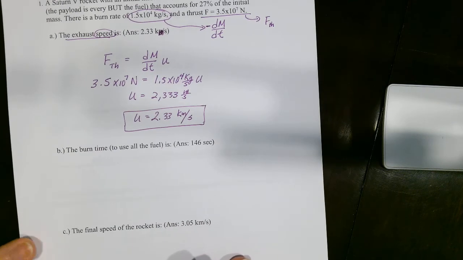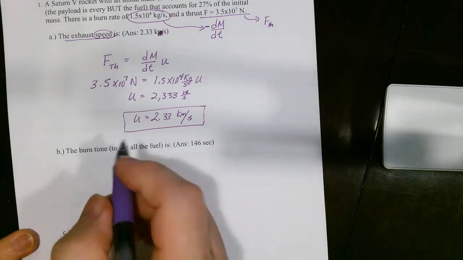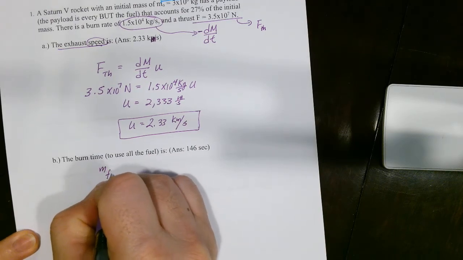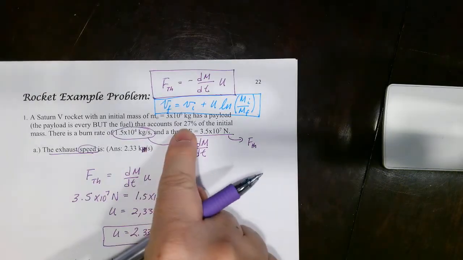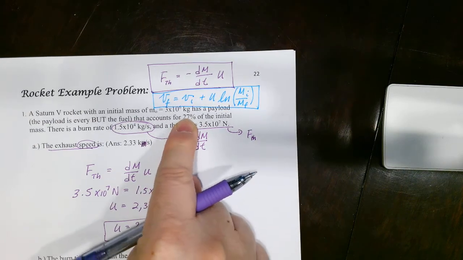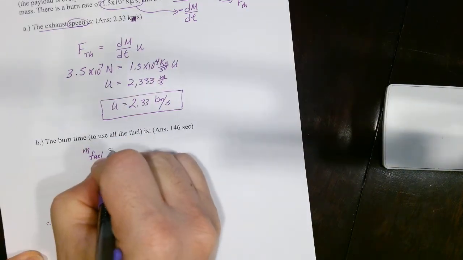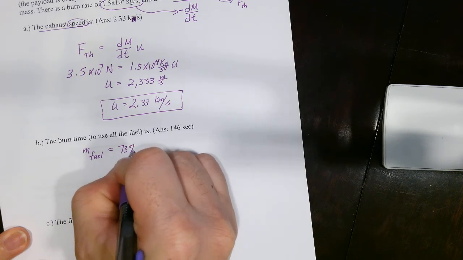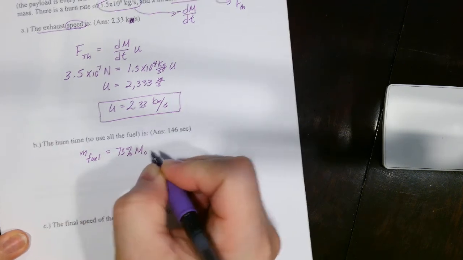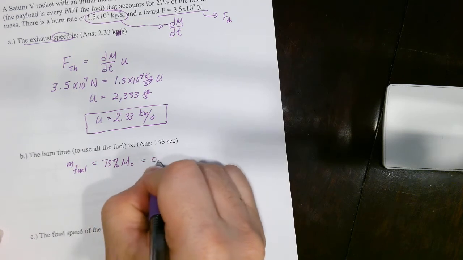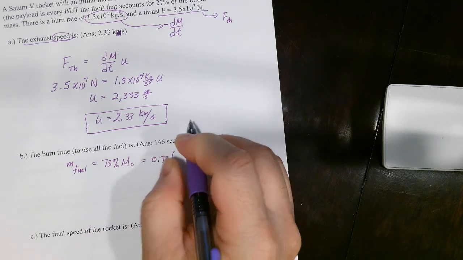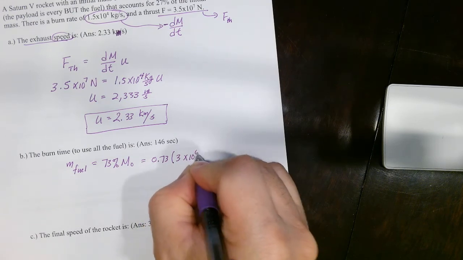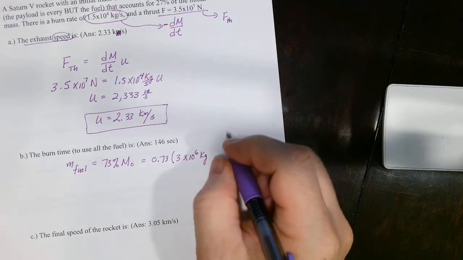The burn time, right? So the mass of fuel is 73% of the total original mass. So 73% of M0, which is 0.73 times 3 times 10 to the 6 kilograms.